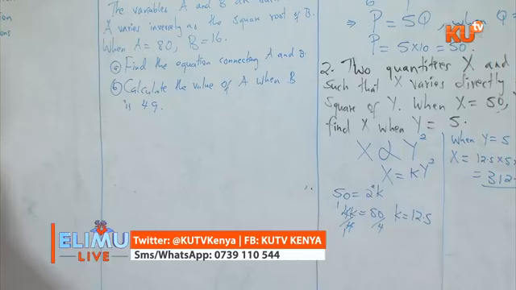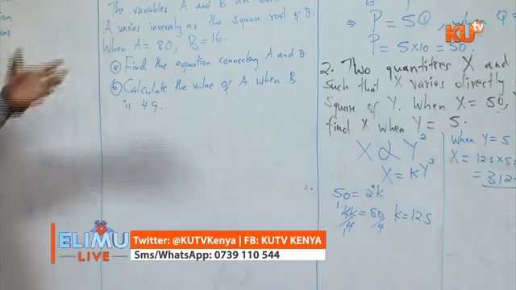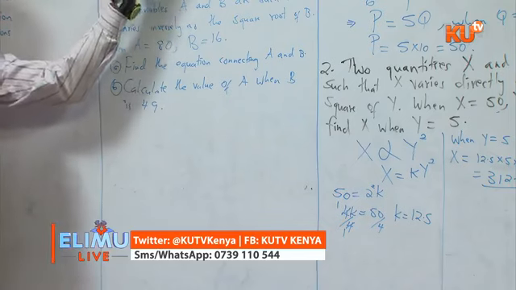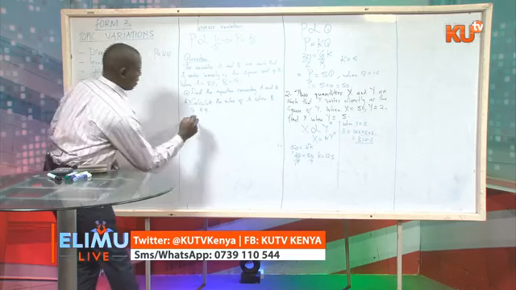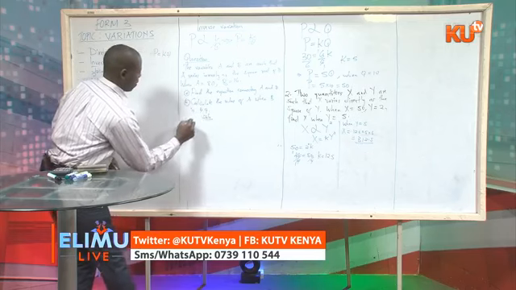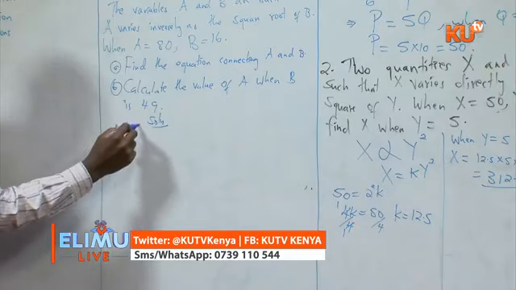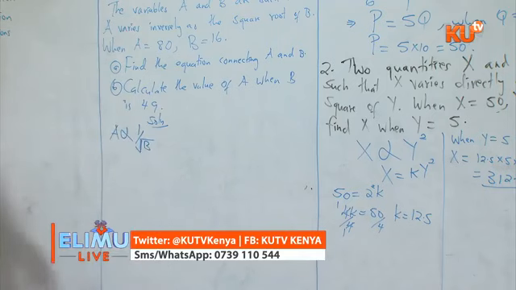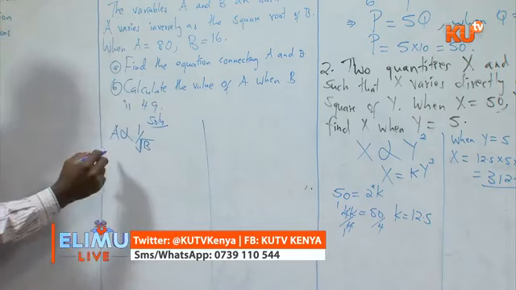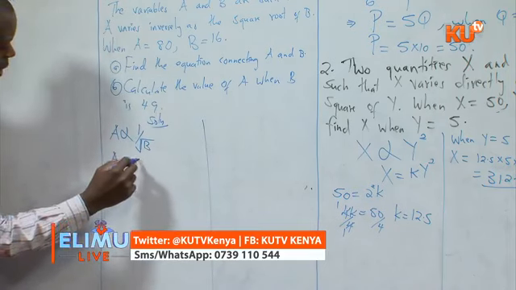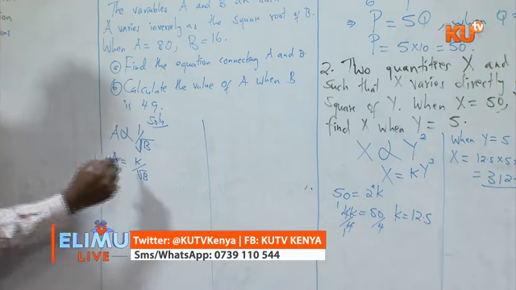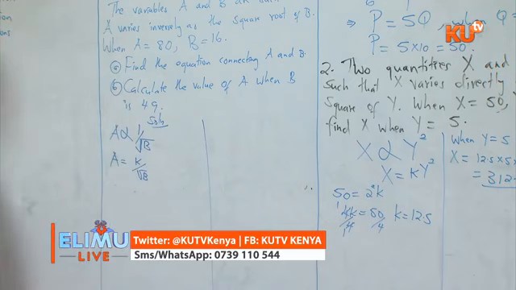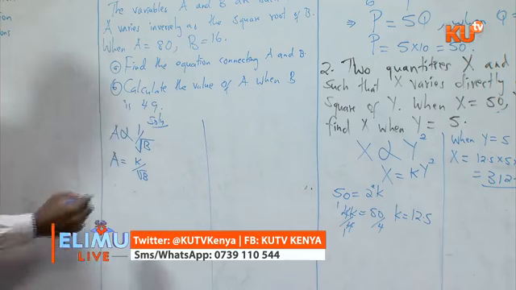So the first question is we find the equation connecting A and B. We'll start with this concept here, that we have A varying inversely as B, that is the square root of B. So we have 1 over root B, and then we bring in the equal sign, equal to K over root B. And substitute in. Where there is A, put 80.